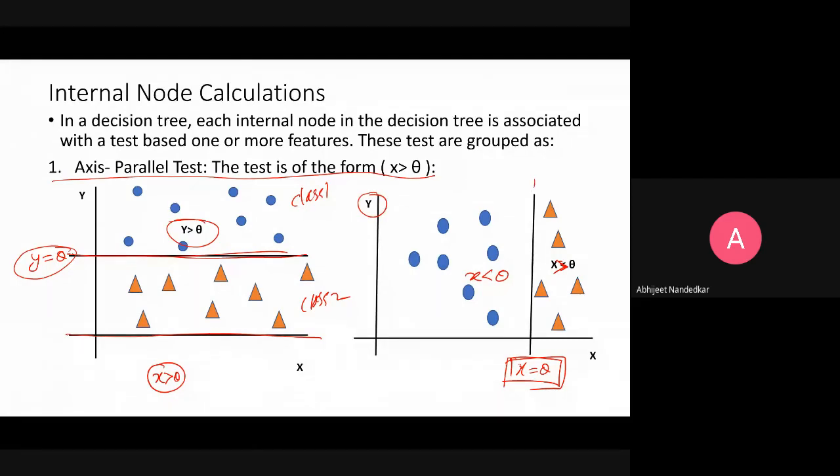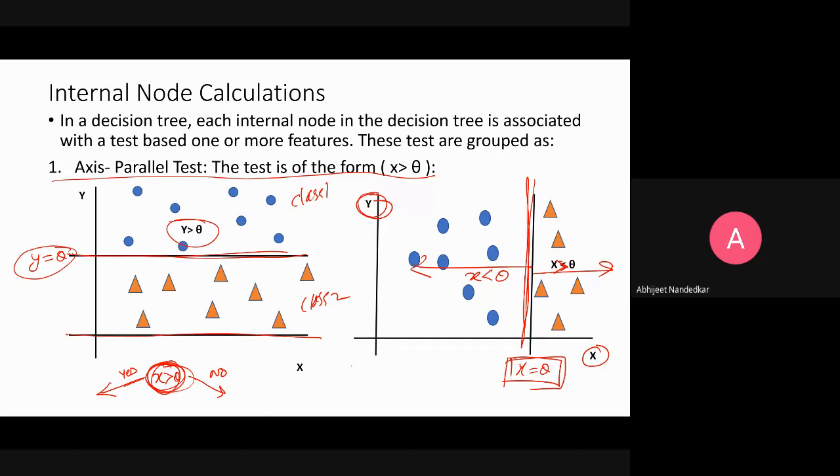That means I am implementing this line at this location of that node, and if x is greater than theta, yes, go this side. That means we are entering into this domain. Otherwise, we are entering into this domain. Then we can have further checking of some other feature. So here you try to understand that at this node we are considering only the x feature, not the y feature.